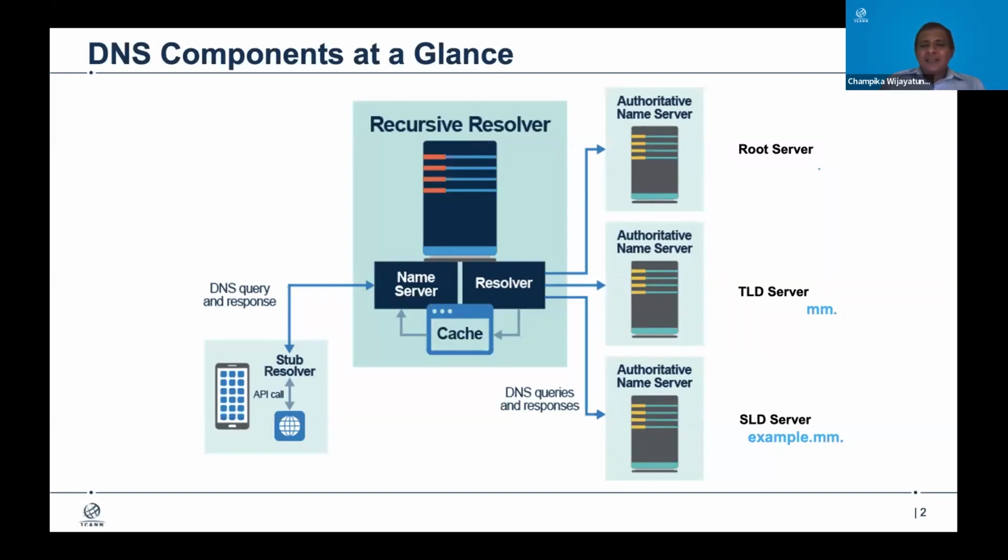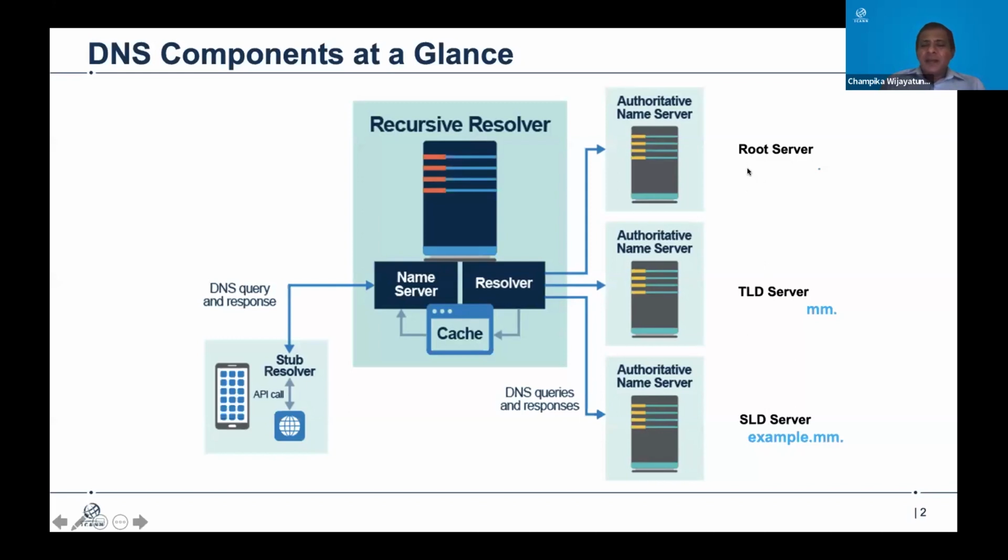At the top of the DNS hierarchy we have the root, and then top-level domains, second-level domains, and so on. There are many root servers scattered around the world, and ICANN as an organization also manages root servers, called ICANN Managed Root Servers.